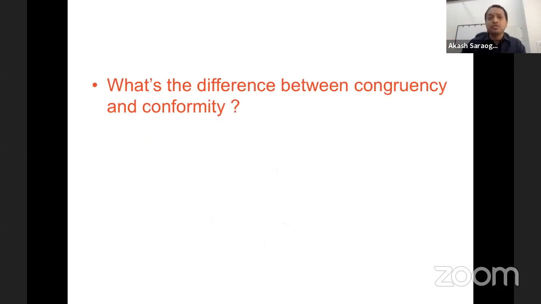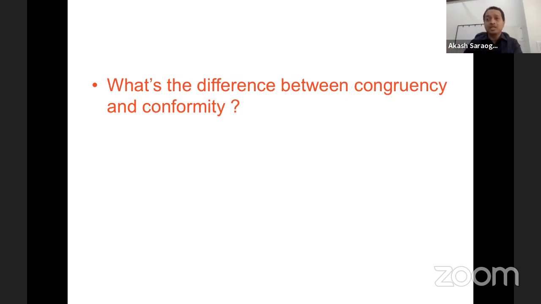So this brings us to the concept of what is congruity, what is conformity, and what is constraint. And this is the most difficult topic, and that's why I've kept it for last. Congruency means how two surfaces match each other in form of shape. So if this is one surface, this is another surface, how they match each other in the form of shape is congruency. What is conformity?